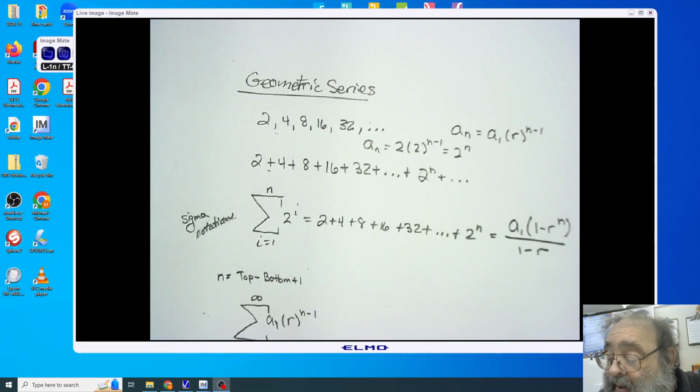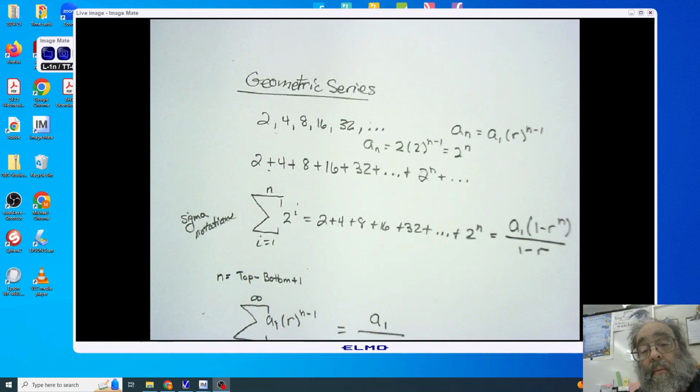Or you're always looking at a value that's between negative 1 and 1. Okay? Now, if that were the case, we would simply have a sub 1 divided by 1 minus r. All right? So two different formulas. Partial sum versus an infinite sum, and an infinite sum only works with specific ratios.